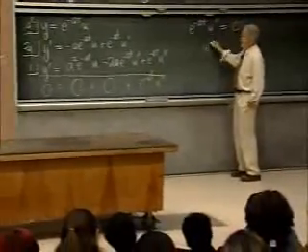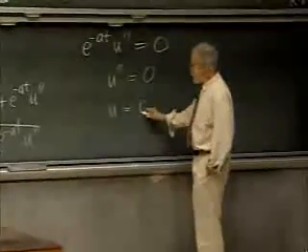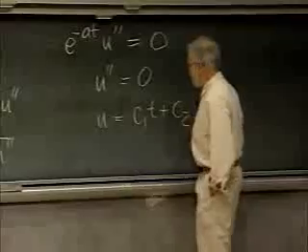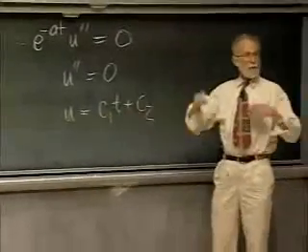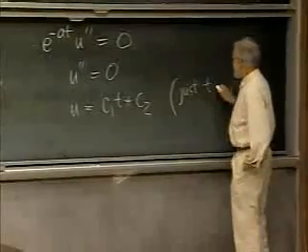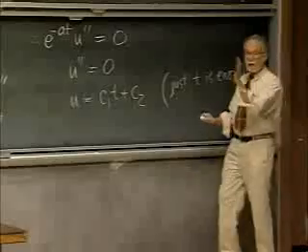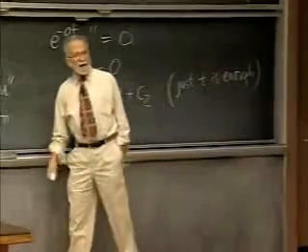So please tell me, what's u double prime? It's 0. So please tell me, what's u? It's c1 t plus c2. Now, that gives me a whole family of solutions. Just t would be enough, because all I'm doing is looking for one solution that's different from e to the minus at.